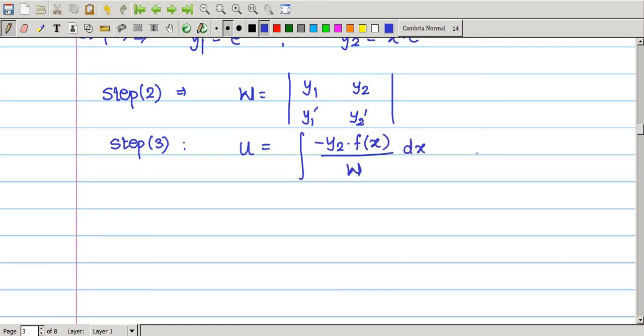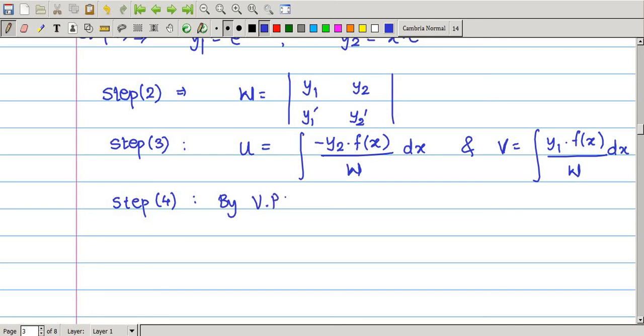Take this integration with respect to x, as well as v is equal to integration y1 f of x upon w with respect to x. After calculating u and v, in step 4, apply variation of parameters method, and particular integral will be u into y1 plus v into y2. Substitute values for u and v calculated from step 3.